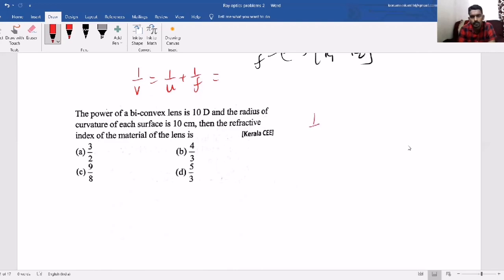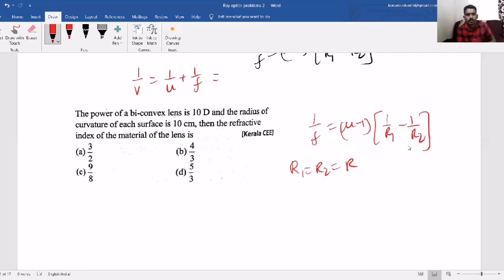So for a biconvex lens, 1 by F equals mu minus 1 into the general formula 1 by R1 minus 1 by R2. Now R1, R2 both are the same and that value they have given as 10 centimeter.